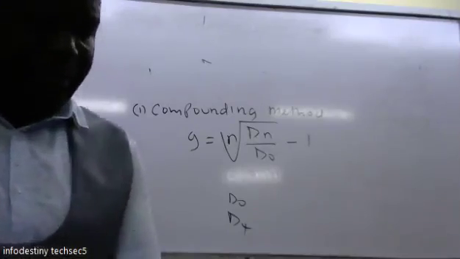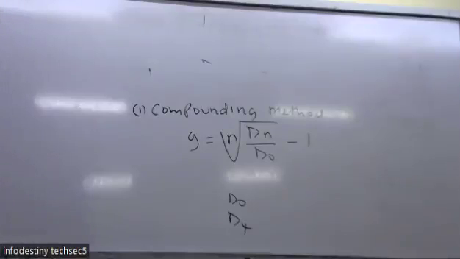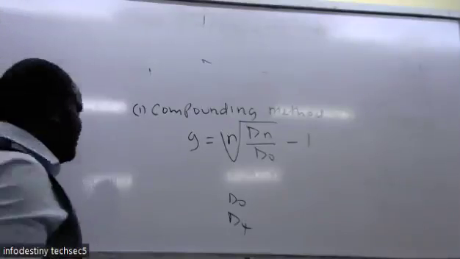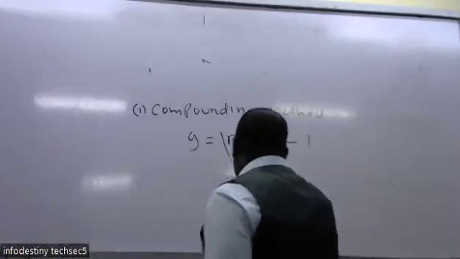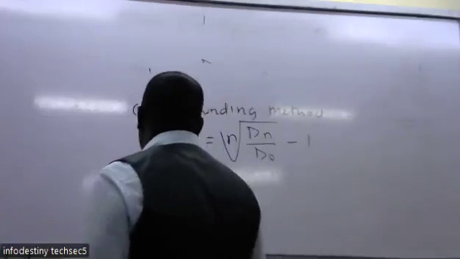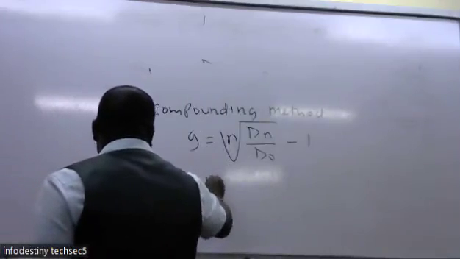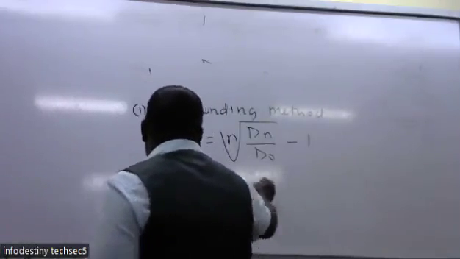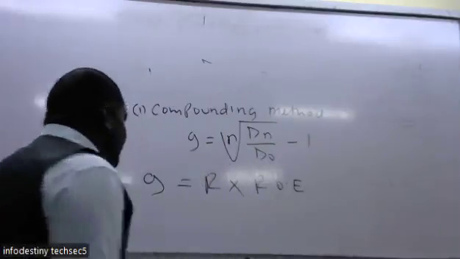Number 2 will be the retention ratio method. So when it comes to the retention ratio method, to calculate G, it will be R multiplied by, we can just have it simplified like that.